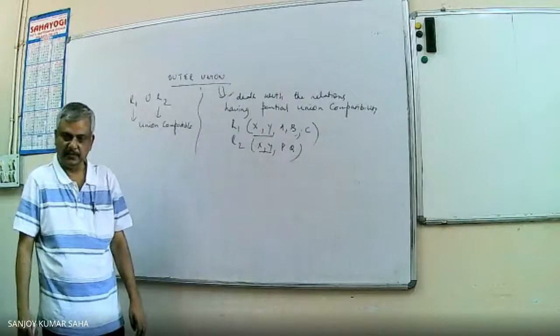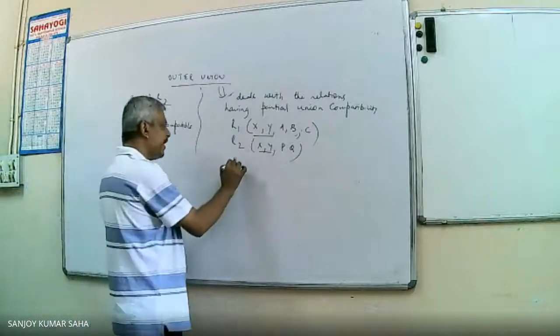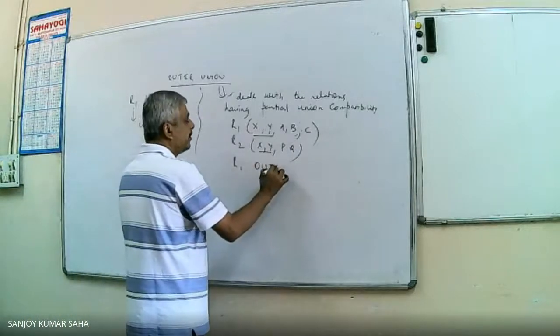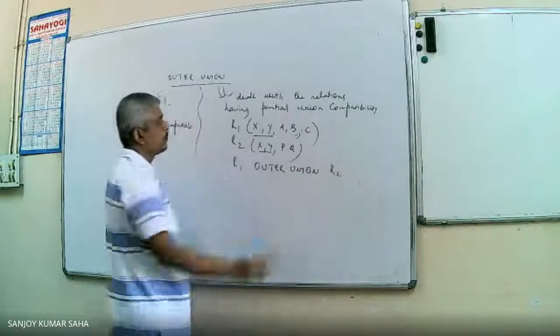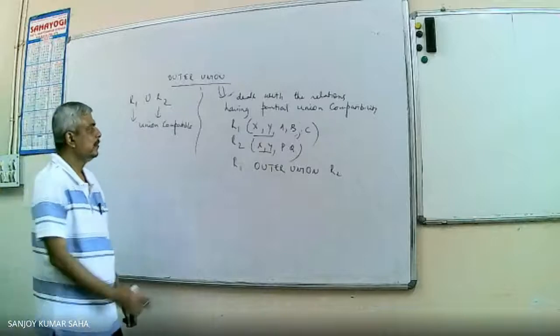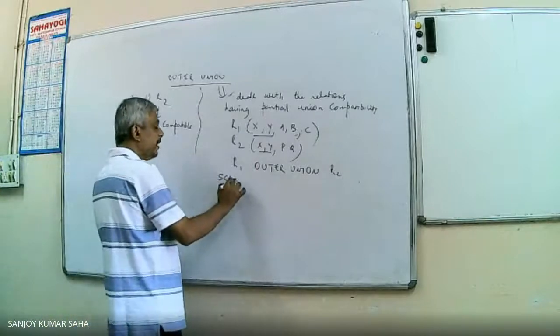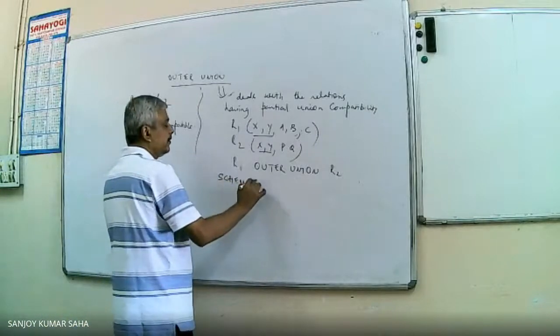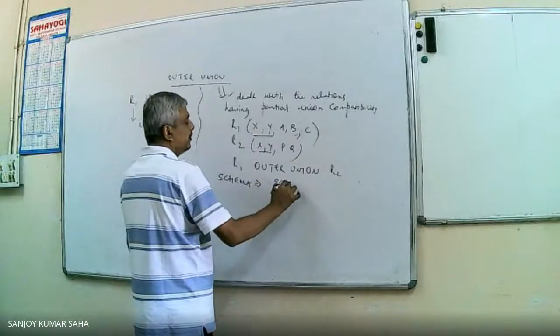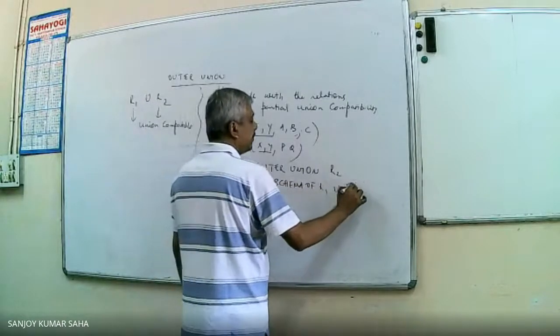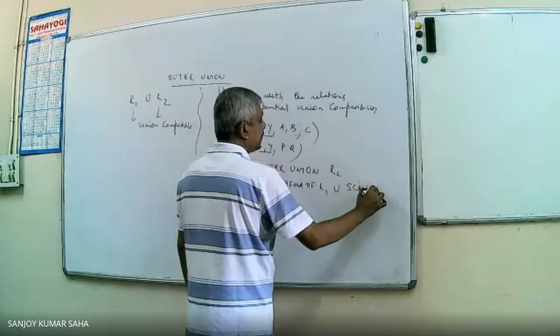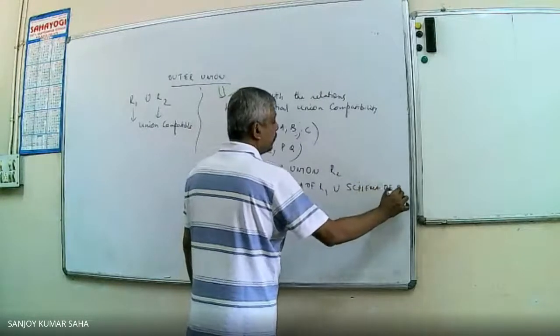If we want to carry out R1 outer union R2, the schema is the schema of R1 union the schema of R2.